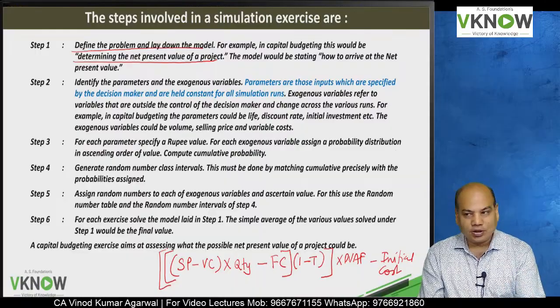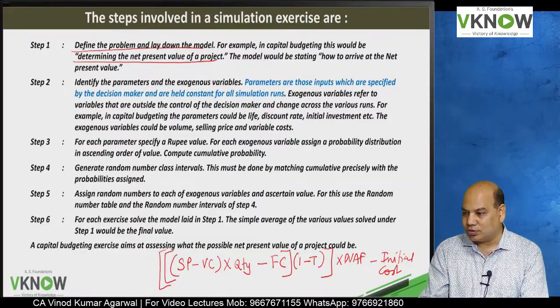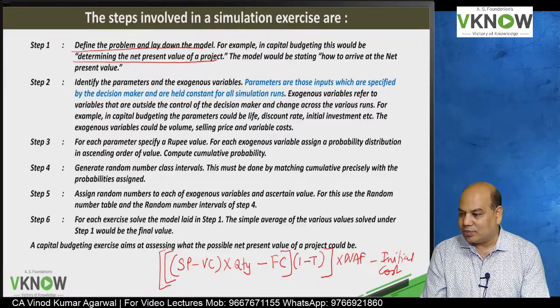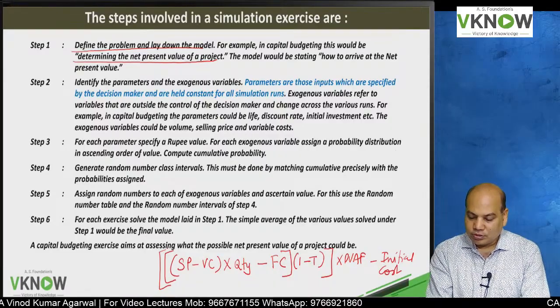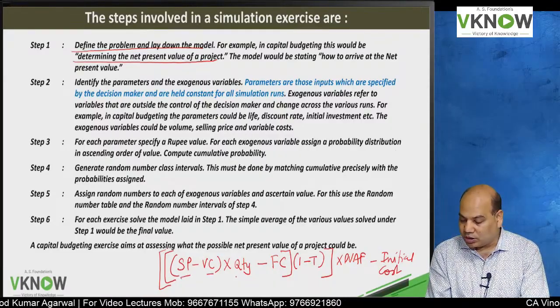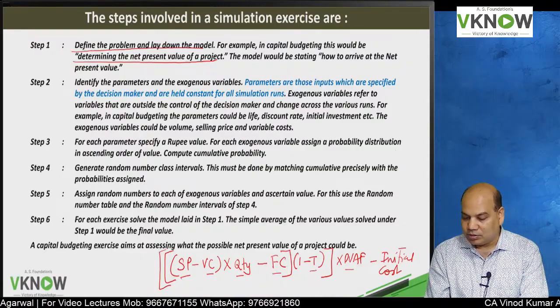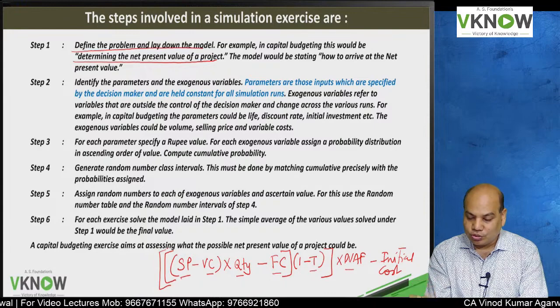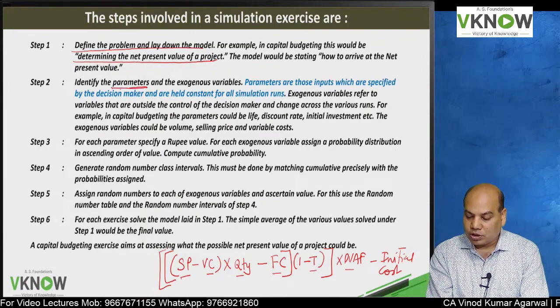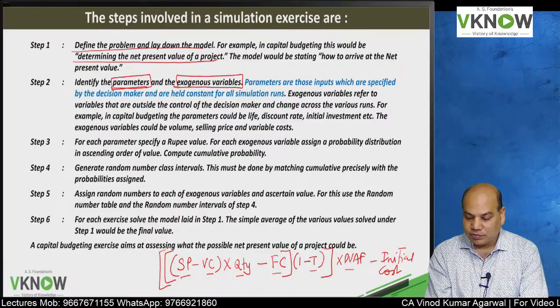For a different question, the model can be different also, right? That much you should be able to do now. Then there are so many factors affecting my NPV. I have to divide them into two categories. One is called parameter, one is called exogenous variable.